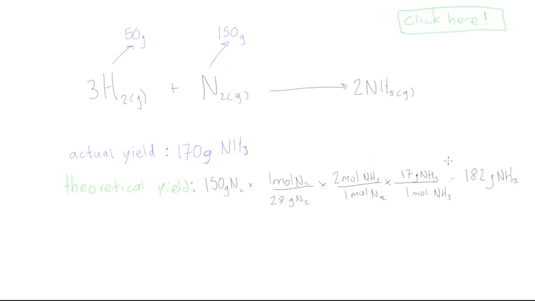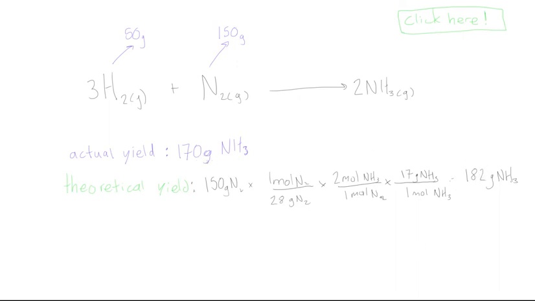So this is what we were talking about before. This value, 182 grams of NH3, is theoretically what we should be getting if we combine 150 grams of nitrogen gas with 50 grams of hydrogen gas. But sometimes in an experiment we don't have optimal conditions, so we're not actually getting this perfect 182 grams. In this case, our actual yield was 170 when we thought we would be getting 182.